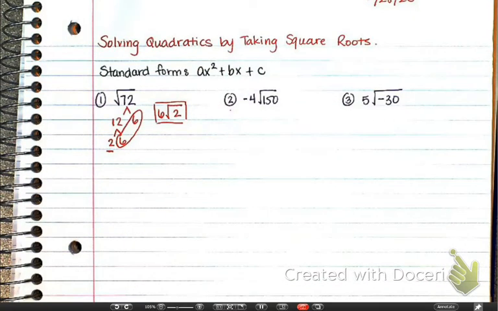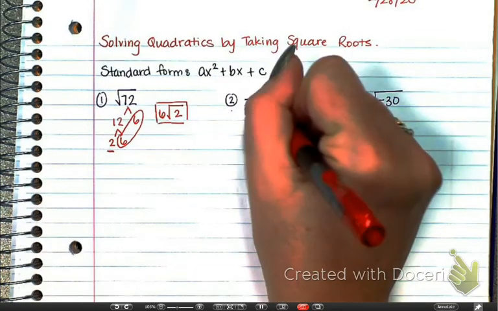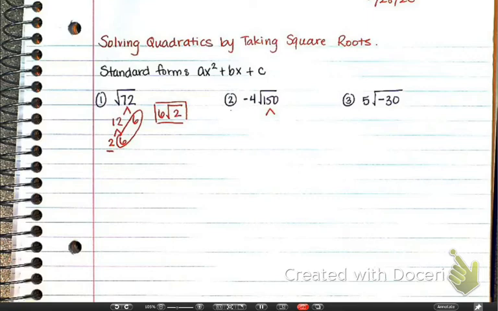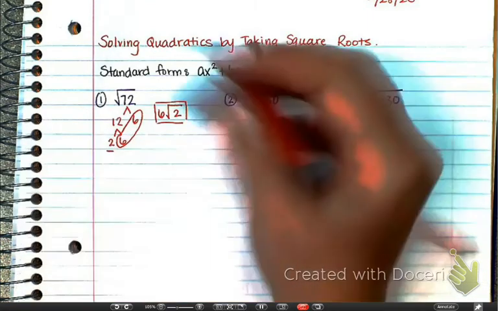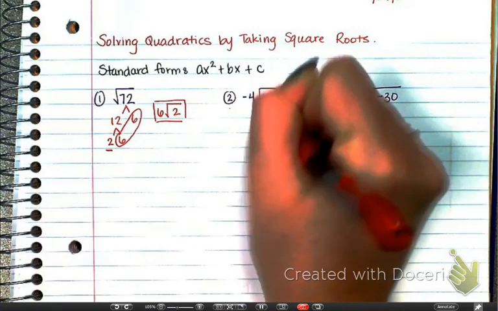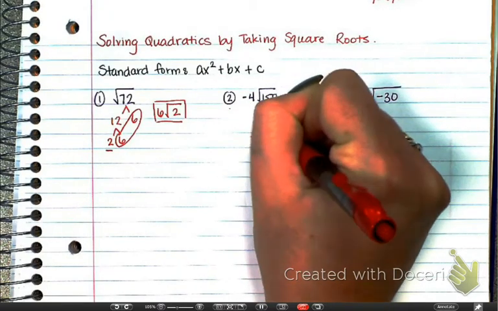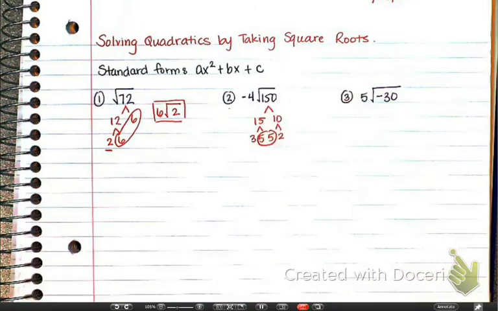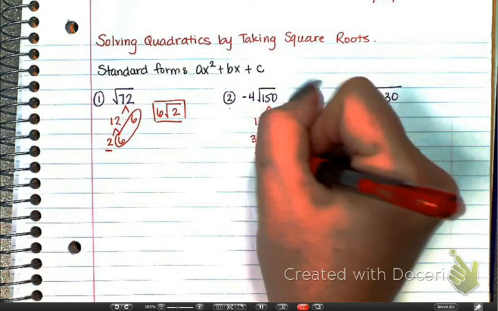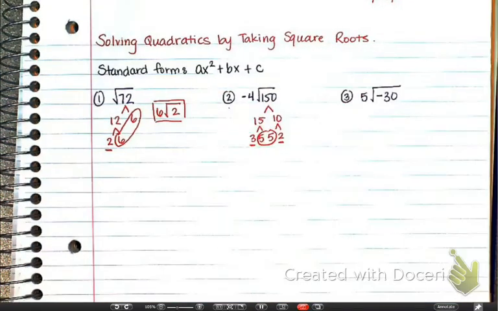Number 2. I'm going to break down 150. Give me 2 numbers that multiply to 150. 15 and 10. And then 15 breaks down to 3 and 5, and 10 breaks down to 5 and 2. So I have a pair of 5s, a leftover 3, and a leftover 2.